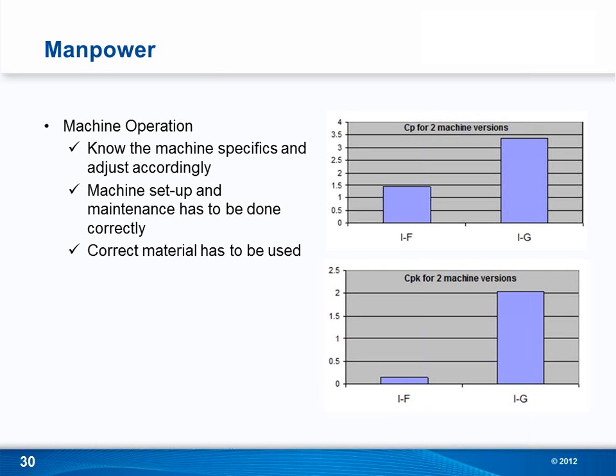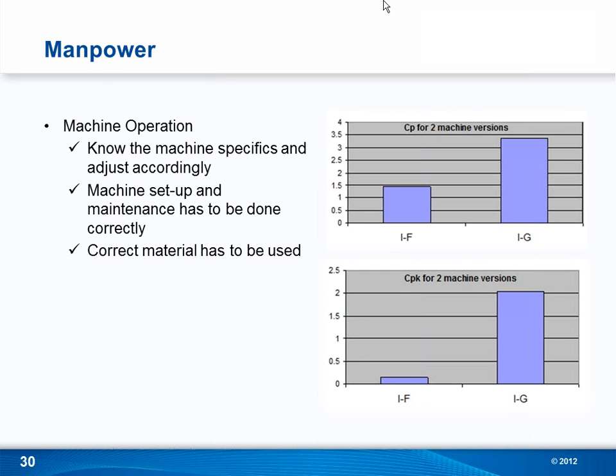The laser beam is formed through a number of optic systems, and if those optic systems are not clean and adjusted correctly, you don't get the beam size that you want, you don't get the energy distribution that you want in your beam. And then the last thing is, when you set up the machine, you have to put the right material in it. So if the operator chooses the wrong material from the bin, from the selection of materials that he has available, you don't get the thickness that you want.